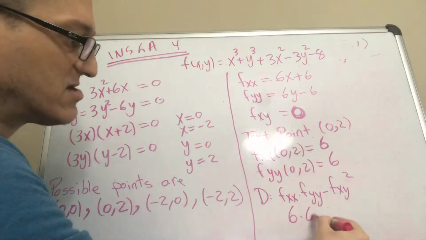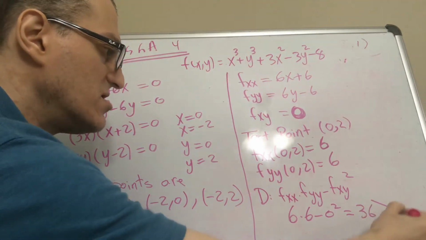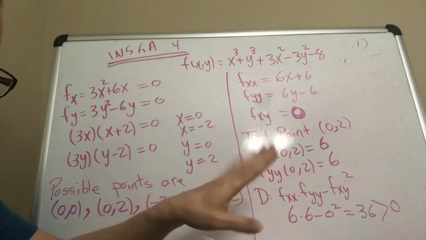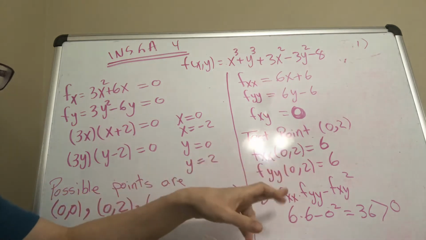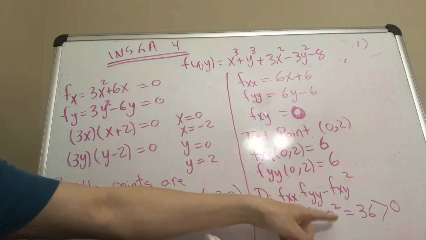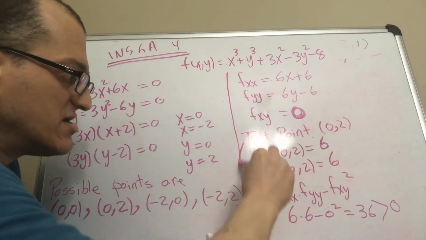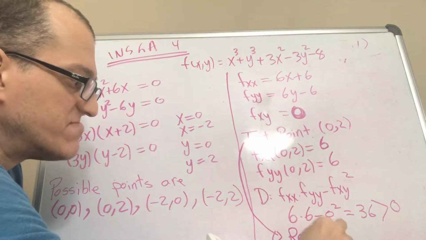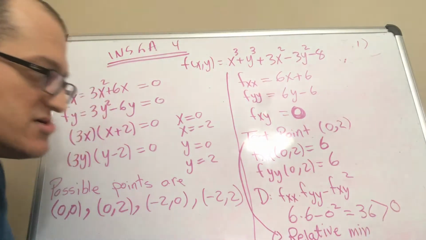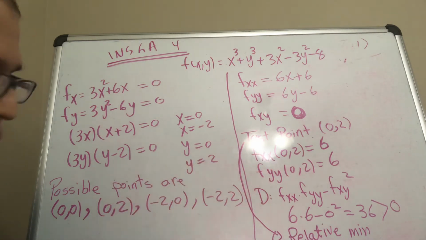That would be 6 times 18 minus 0 squared. That's positive, that's over 0. Again, when D is negative, it's a saddle point right away, regardless of what happened here. If D is positive, you check the answer. Positive. Everything positive means that this point was a relative min. So if D is positive and both of them positive, relative min.